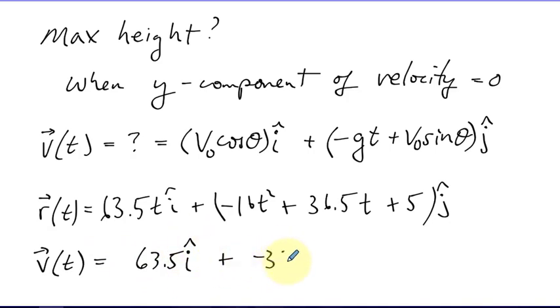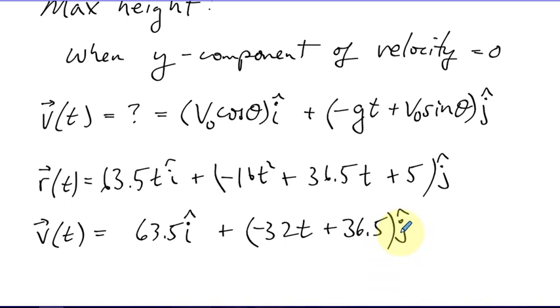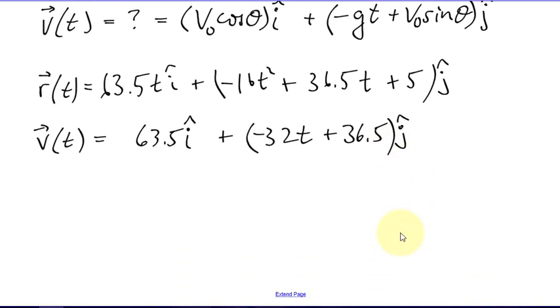And this will be negative 32t plus that 36.5 that I had calculated here. That's just a constant term in the velocity. So that is the velocity vector, and my objective here is to find the time when this y component is 0. So let's do that.